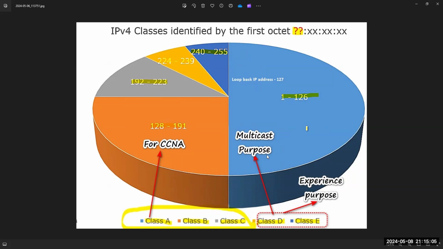Now, as I said, 127 is a loopback IP address. What is a loopback address? It is where we can test and check if our code is working properly or not.